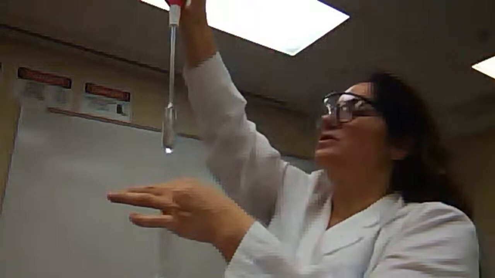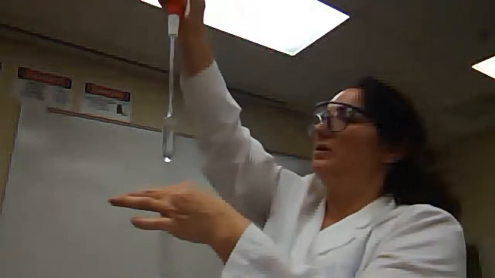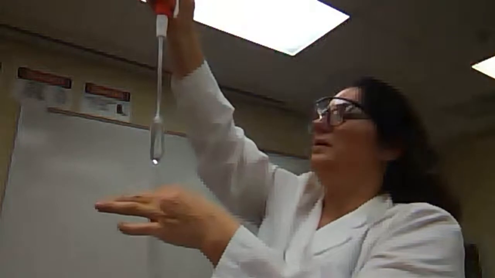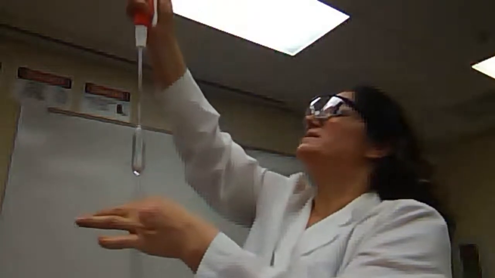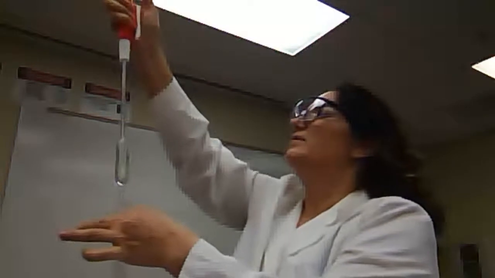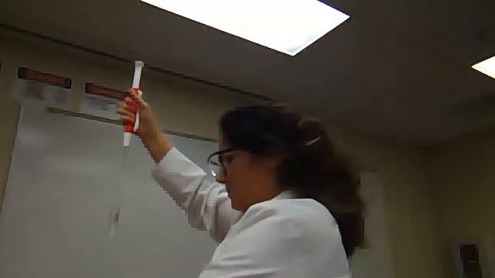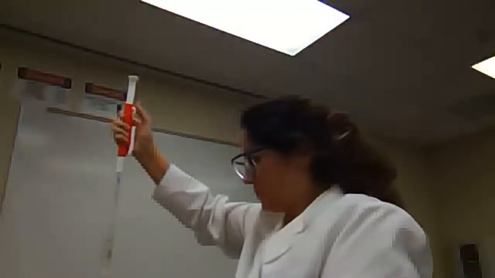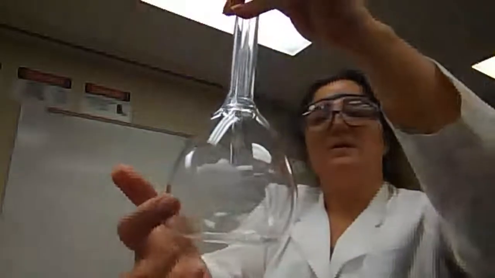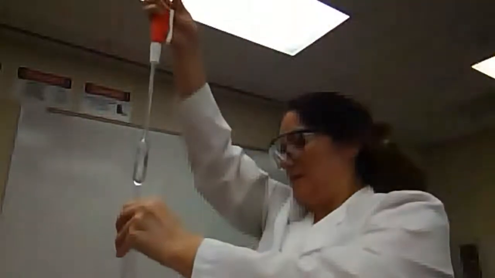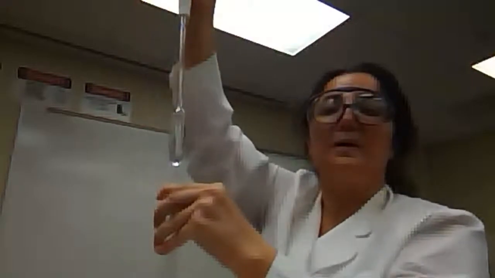We take 25 milliliters of that, and we place it into a volumetric flask that is 500 milliliters.